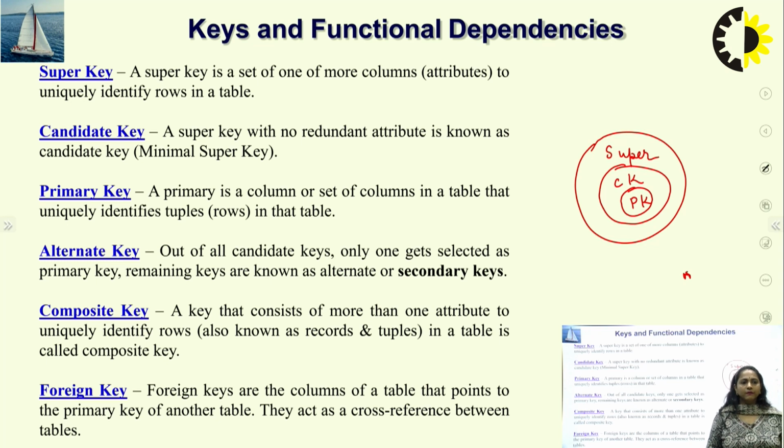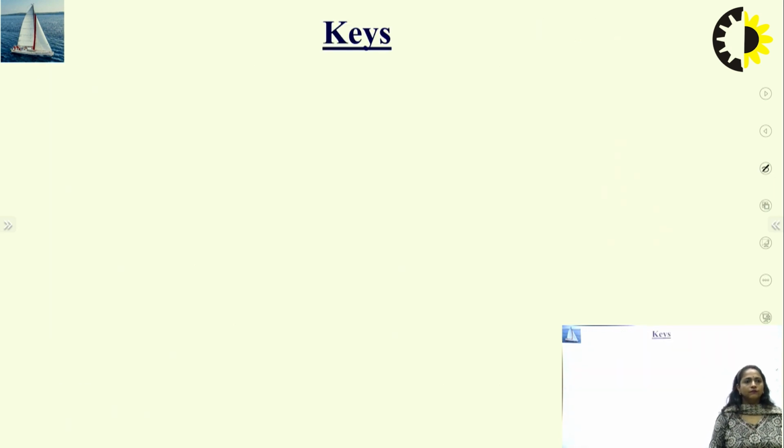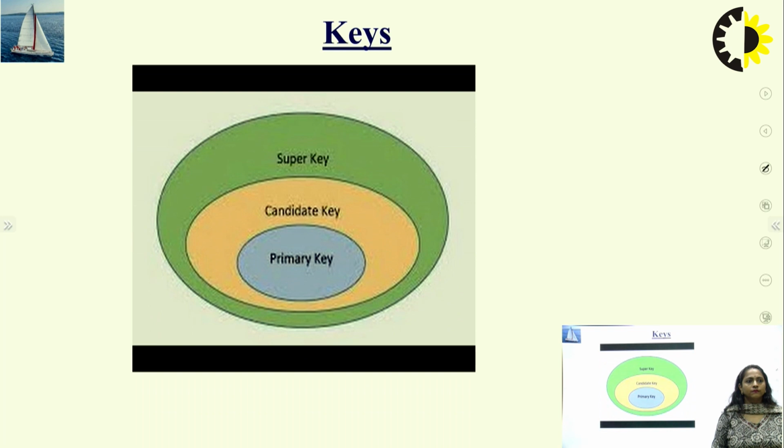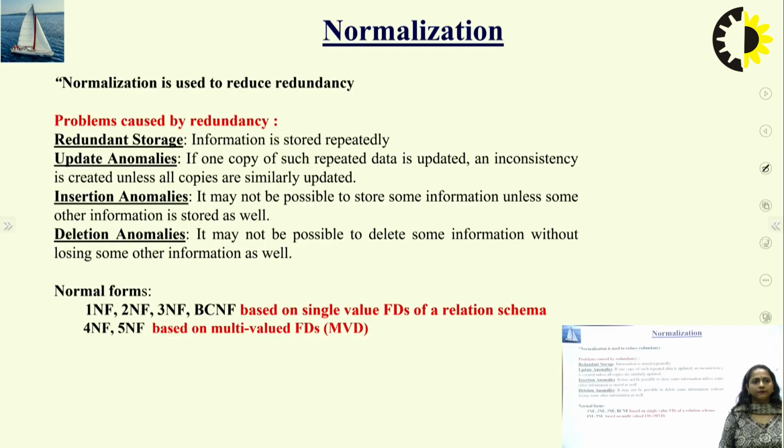That is basically used for cross reference between the tables. So this I have already discussed. Primary key is the subset of candidate key, and candidate key is the subset of super key.